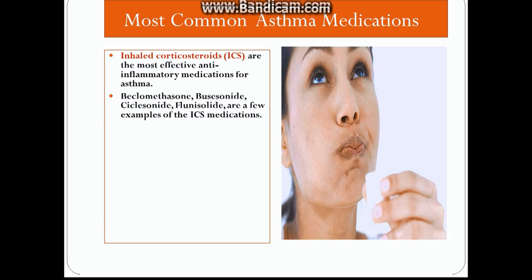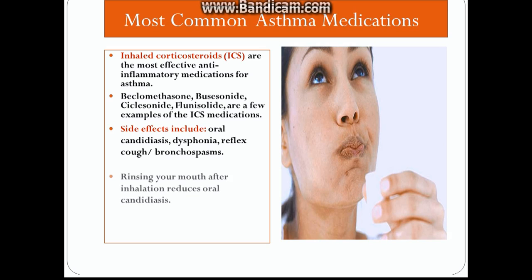You have your beclomethasone, your budesonide, your ciclesonide, your fluticasone, and those are a few examples of the inhaled corticosteroids, and there are many others. The side effects of these inhaled corticosteroids include oral candidiasis, or a yeast-type rash in your mouth, dysphonia, reflex cough, and bronchospasms.